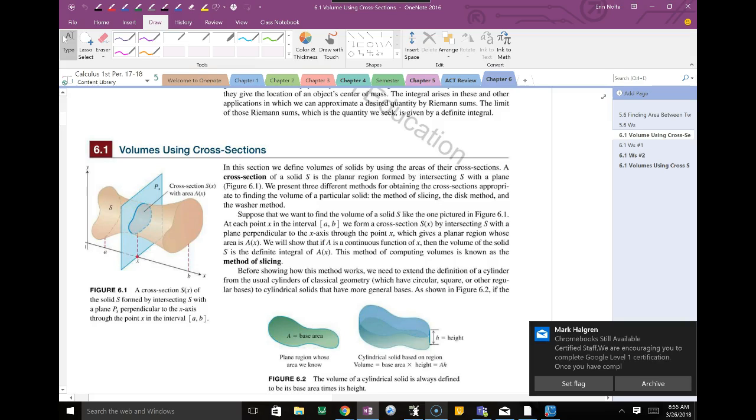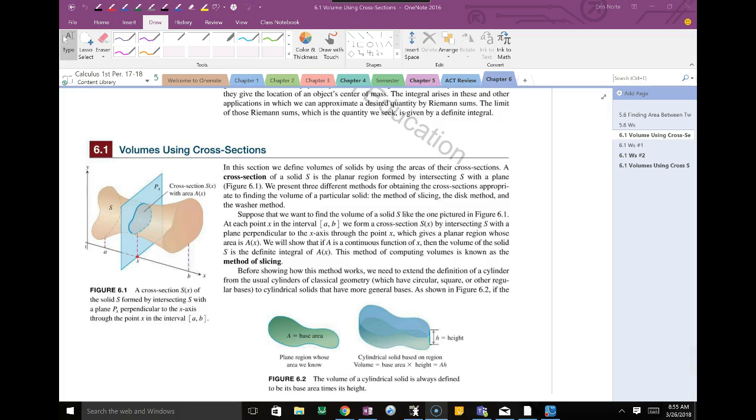What I want to explain to you is what a cross section is. Let's say we were going to find the volume of this. If I turn this sideways and lay it flat, and cut a perpendicular cross section into my mug, what shape would the cross sections be? Circles.